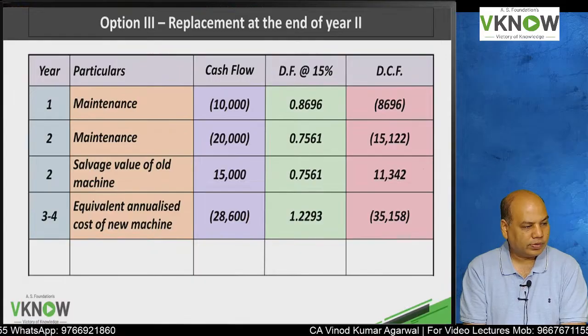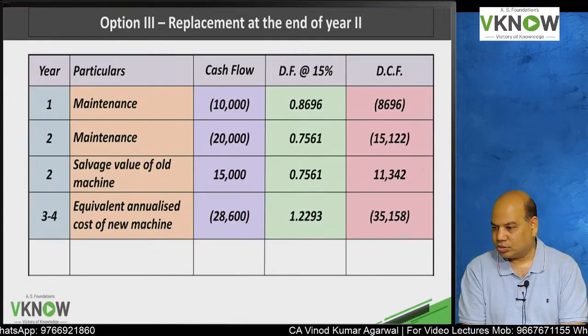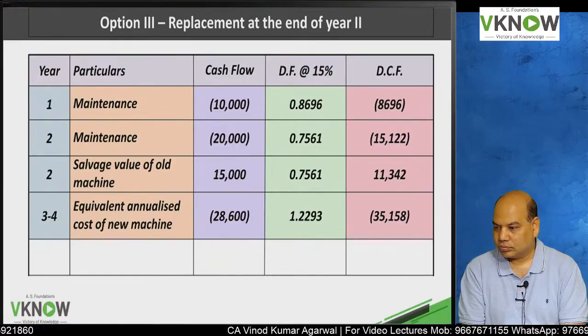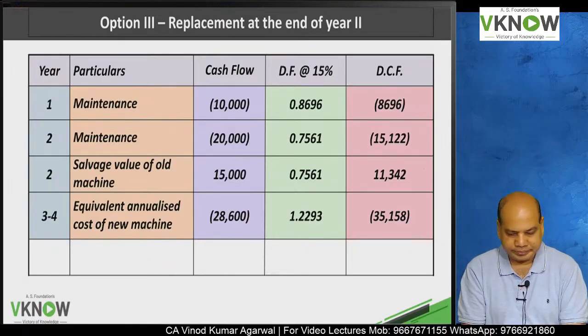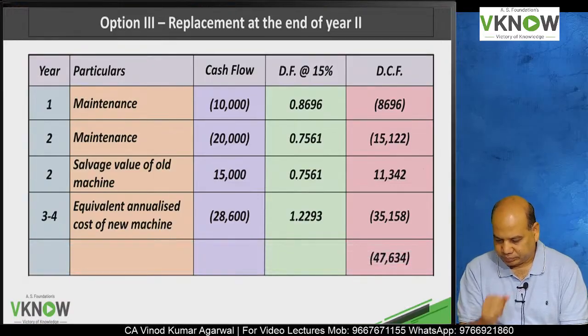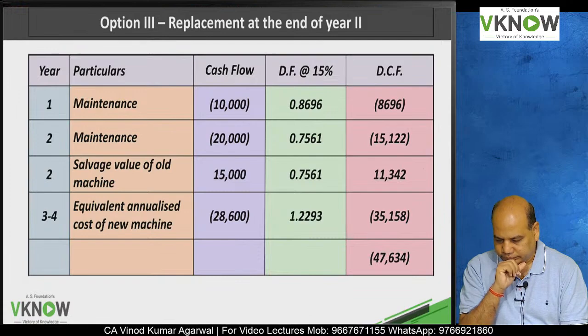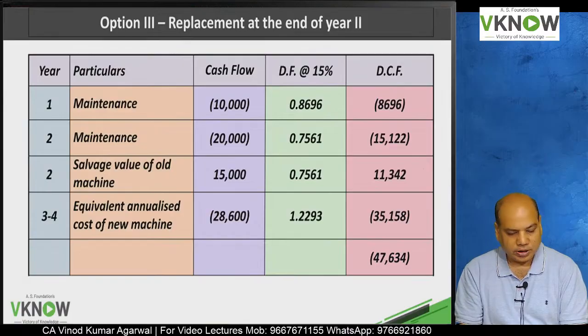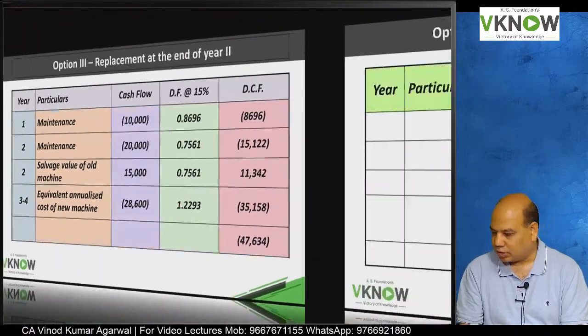Give me the total of the last column quickly. 47634 approximately.